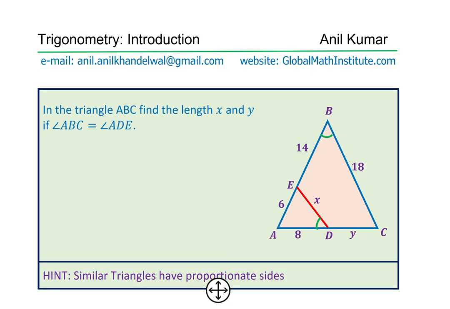Let's look into this concept of similar triangles. Since we are given that the angle ABC is equal to ADE, we can see that the smaller triangle ADE is similar to triangle ABC.